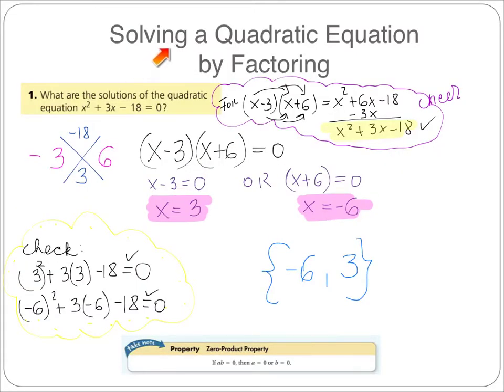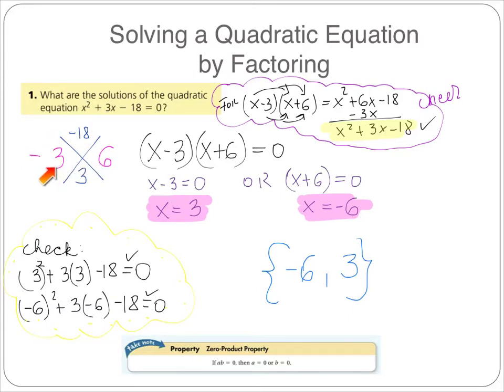The objective here is solving a quadratic equation by factoring. You are given an equation, x squared plus 3x minus 18 equaling 0. Now, factoring: I need to find two numbers that multiply to be negative 18, so the product is negative 18 and the sum is 3.